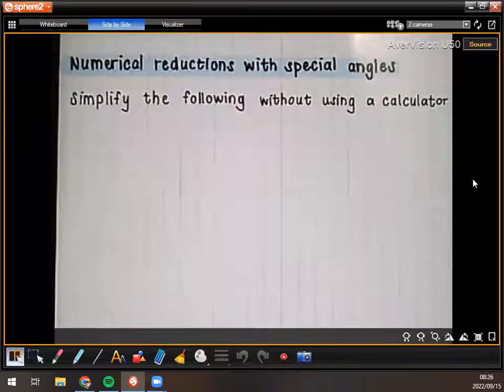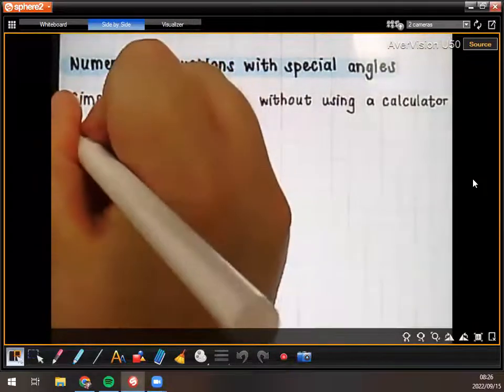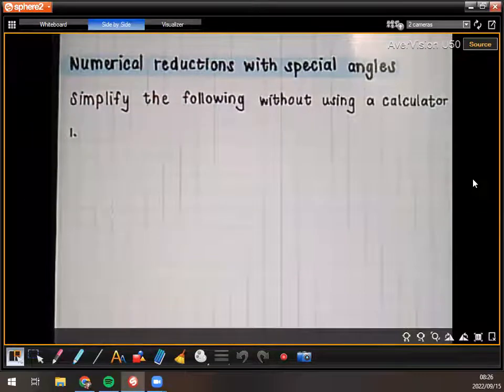Okay, so it's saying to simplify the following without using a calculator. For this first one, it is a fraction.